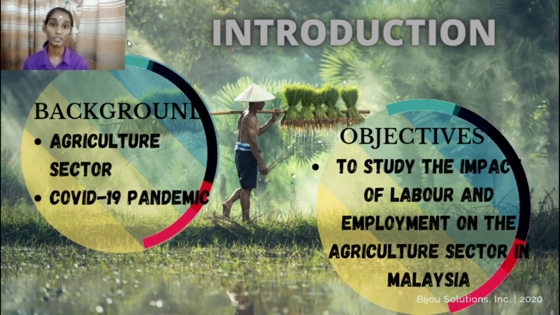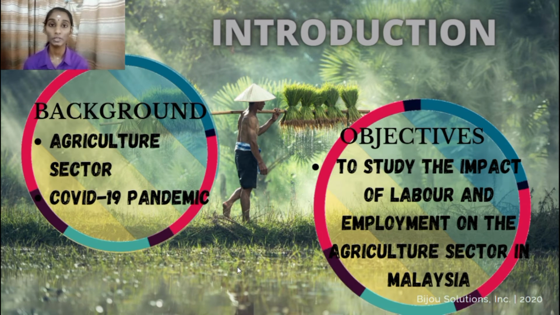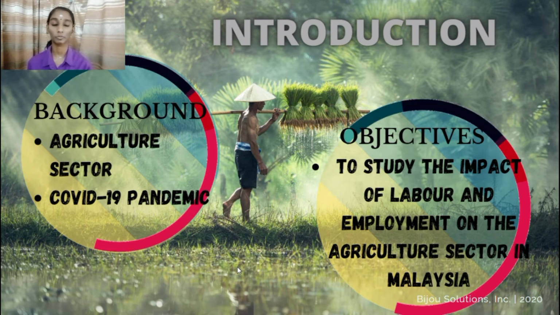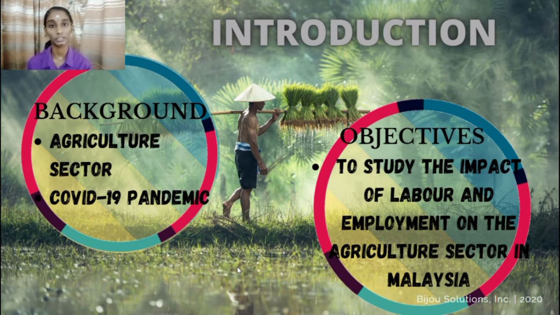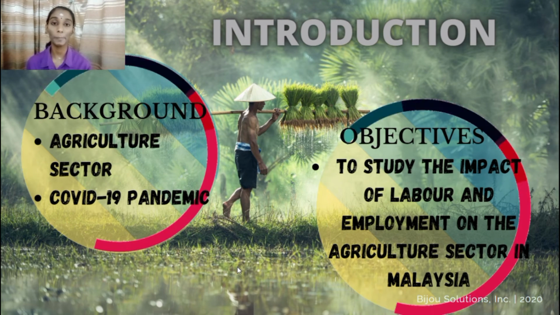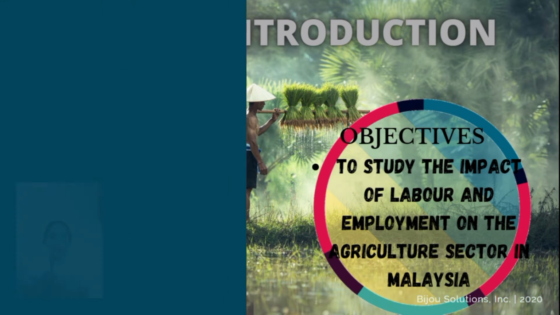So, to stop the spread of COVID-19, the government announced the movement control order, where people were not allowed to go anywhere. Because of this situation, labourers started suffering, especially in the agriculture sector. So, the research objective is to study the impact of COVID-19 on labour and employment in the agriculture sector.